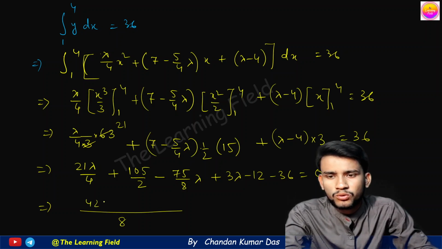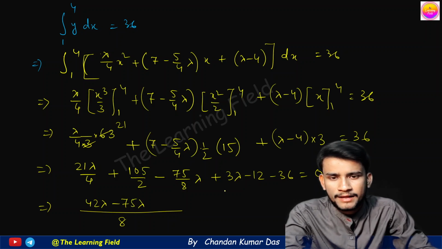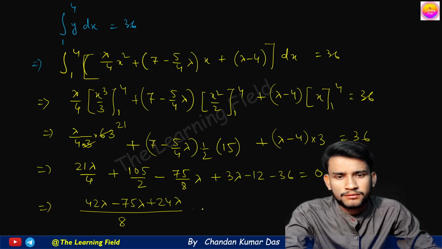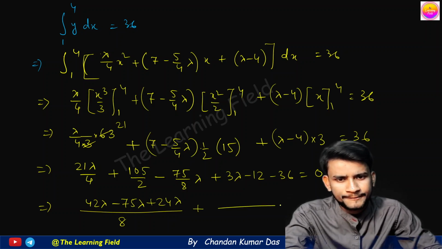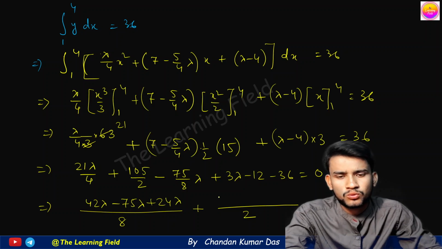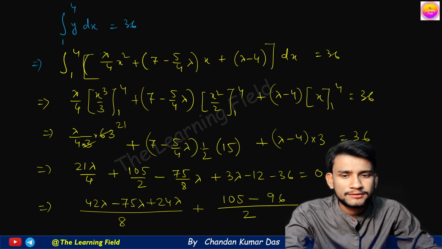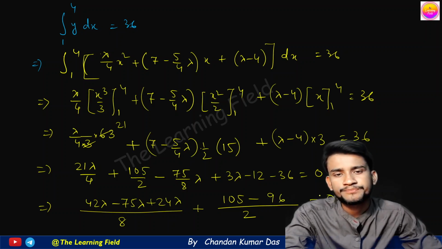So 42 lambda minus 75 lambda, and 3 8s are 24, 24 lambda plus 105 minus 48 96, yeah, this is equal to 0.